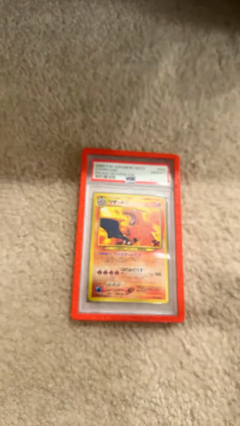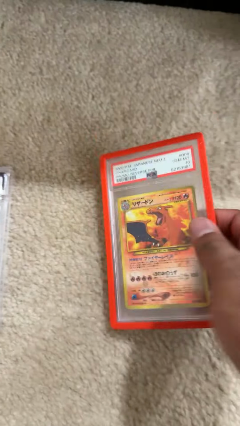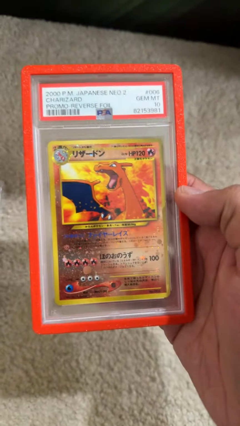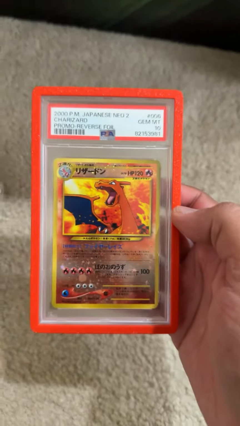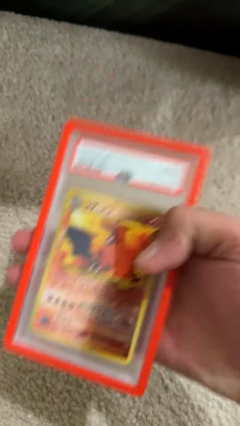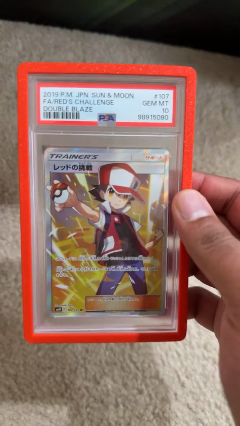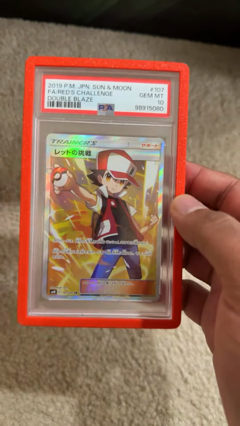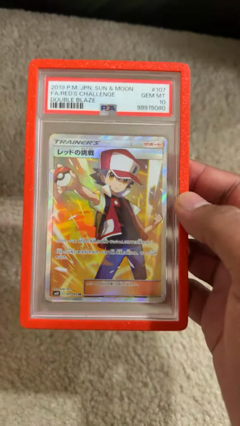Back in the day, they actually had all the circles and dots, which make it look so much better. The reverse holos look incredible in this style, so I had to add that to the collection. And I picked this up as well because I thought this looked really cool. Red's Challenge right here in a 10. So those two I just got today, which is fun.